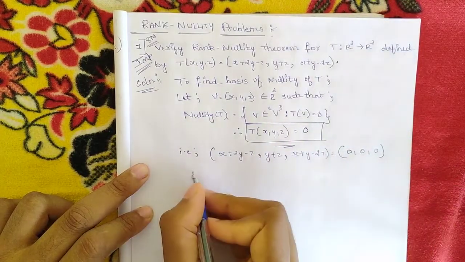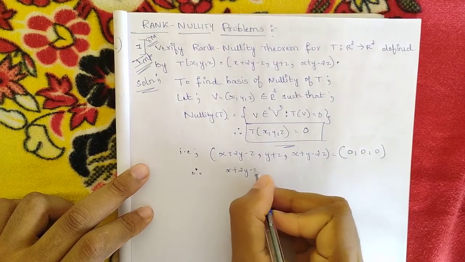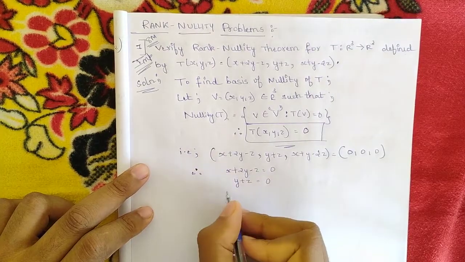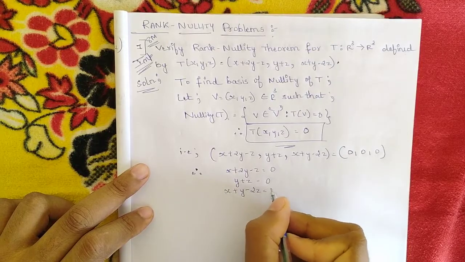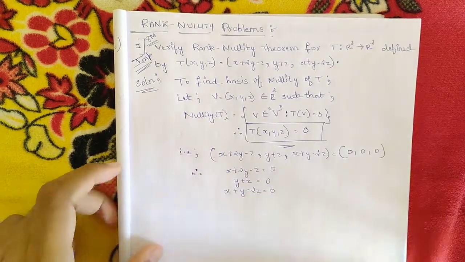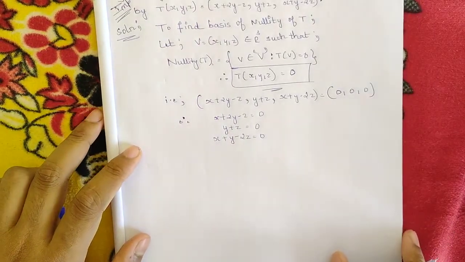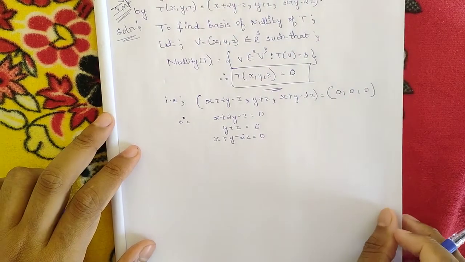From this we get 3 equations: x plus 2y minus z equal to 0, y plus z equal to 0, and x plus y minus 2z equal to 0. We got these 3 equations. We should solve them and check for the values of x, y and z. Let us see what we get.